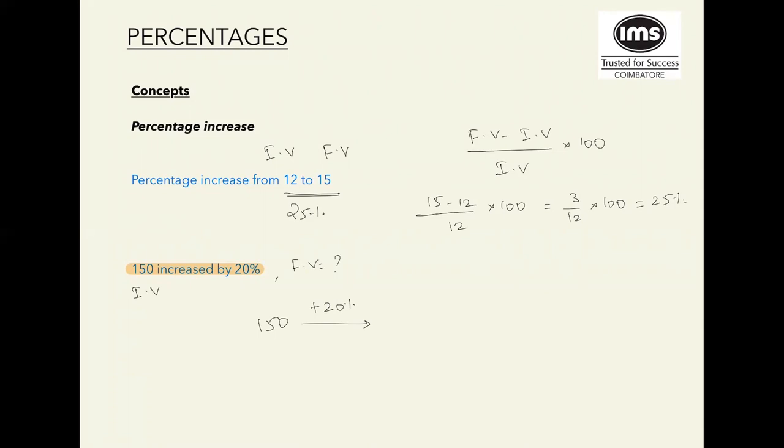So we take 150 and add 20% of 150 to it to get the final value. Okay, so this is 150 plus 1/5 of 150. It's 150 plus 30, which is 180. So if 150 is increased by 20%, it becomes 180.